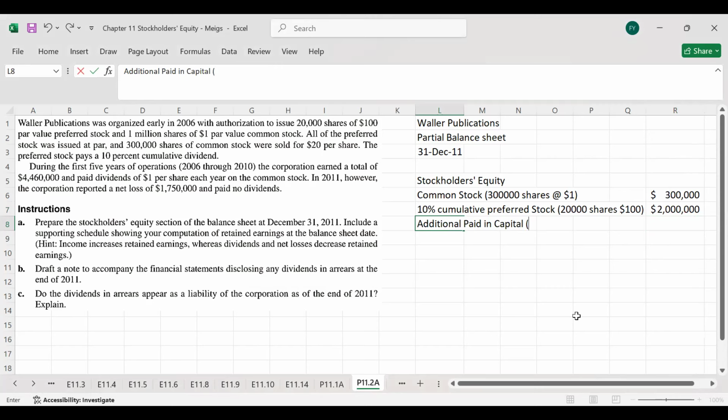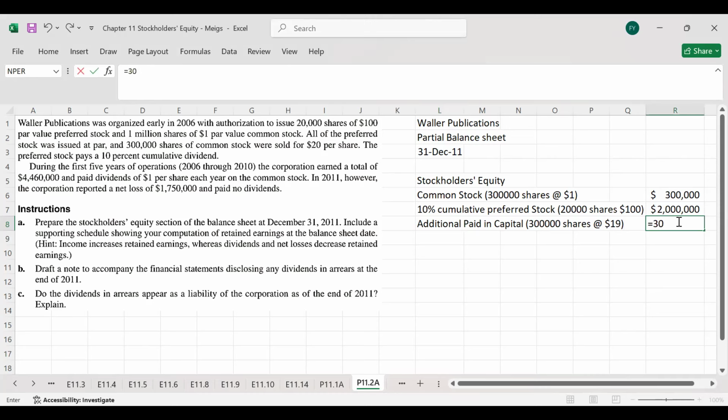The common shares were 300,000 shares. How do we calculate the premium? The par value is $1 and it is issued at $20. So $19 is the difference. So at the rate of $19, $19 is the premium or additional paid in capital.